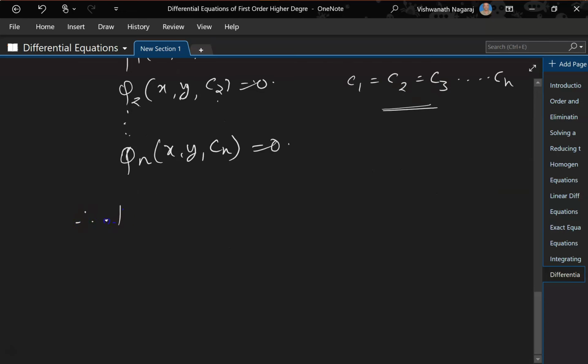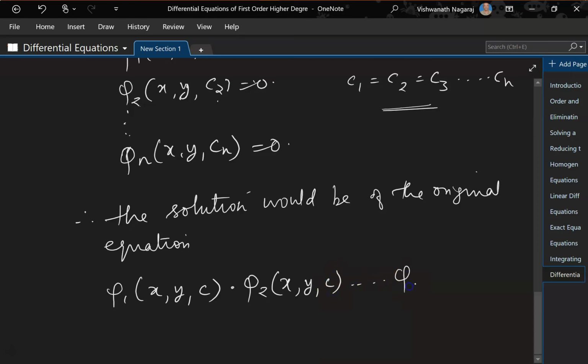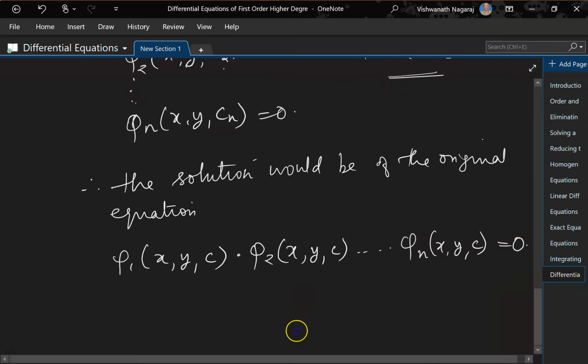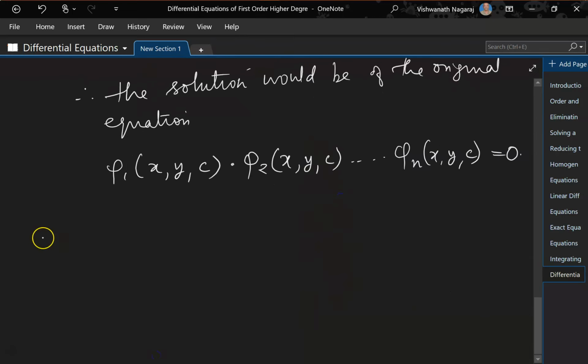Therefore the solution of the original equation of higher degree would be phi 1 x comma y comma c times phi 2 x comma y comma c and so on up to phi n x comma y comma c equal to 0. It looks quite complicated, yes, but it's not. Let's look at a few examples.